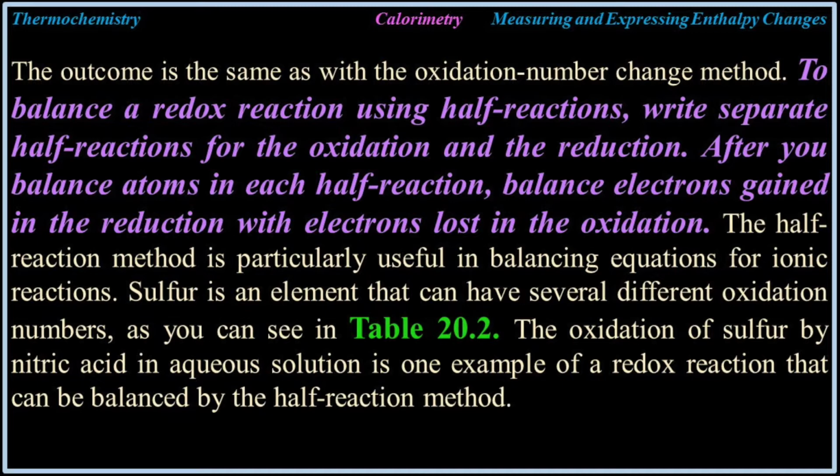The half reaction method is particularly useful in balancing equations for ionic reactions. Sulfur is an element that can have several different oxidation numbers, as you can see in table 20.2. The oxidation of sulfur by nitric acid in aqueous solution is one example of a redox reaction that can be balanced by the half reaction method.